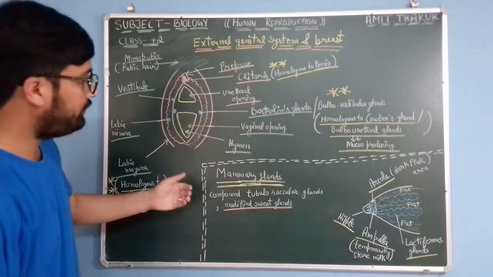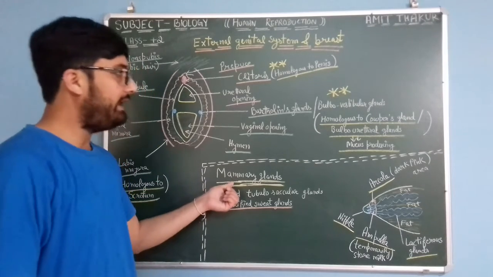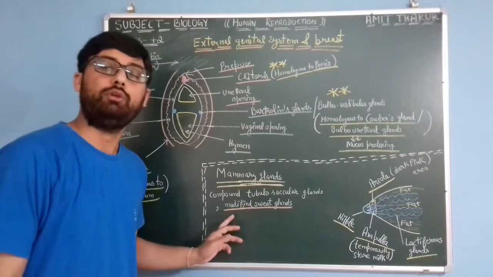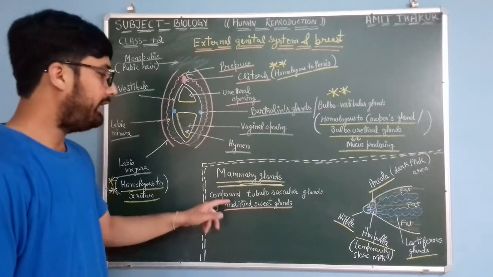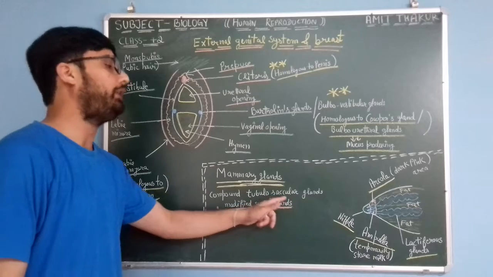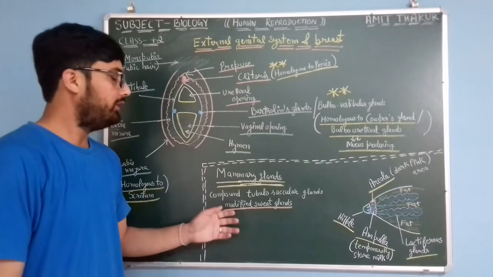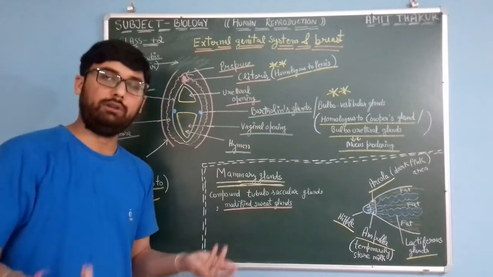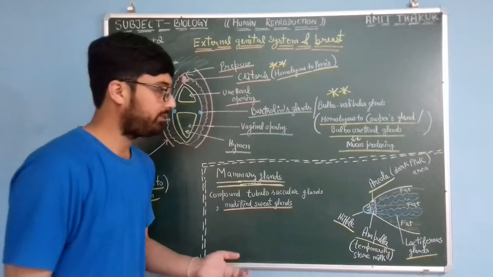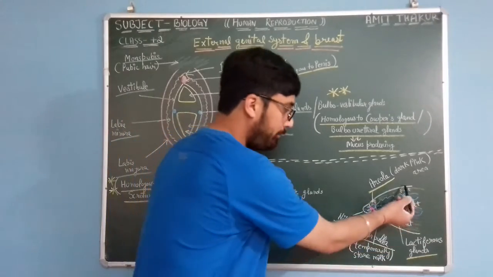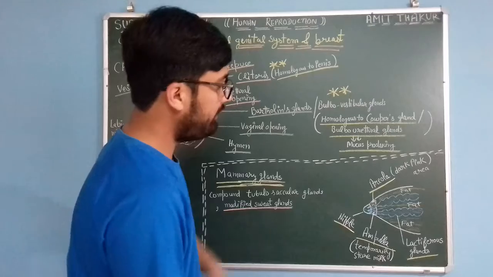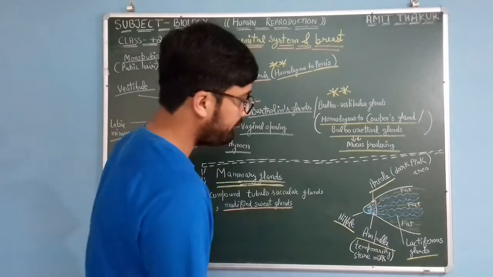Okay, so let's come to the mammary glands. These mammary glands are modified sweat glands and are compound tubulosaccular glands. You know the function: milk production. So here you can see a breast in the case of females.